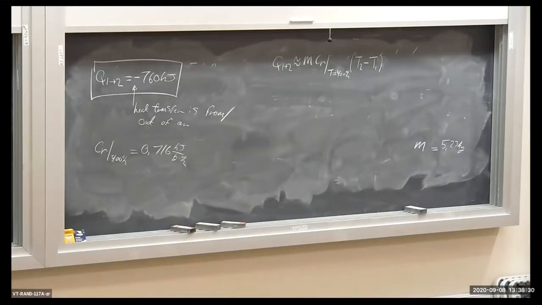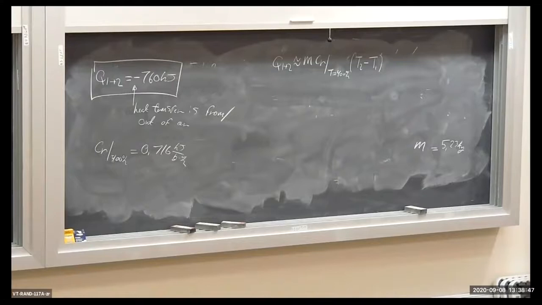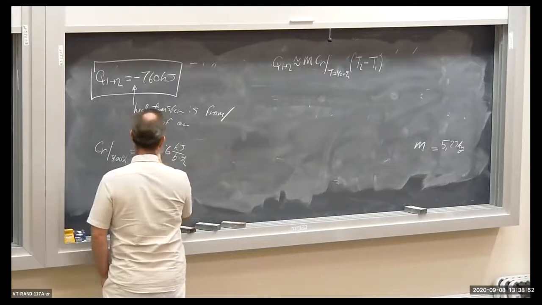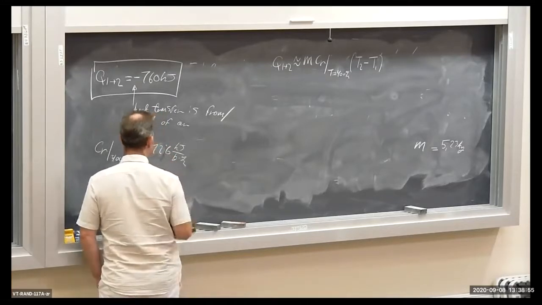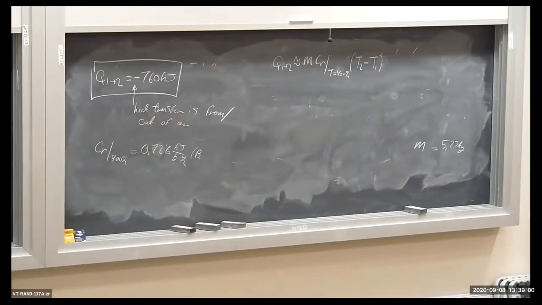Oh, I'm sorry, I got the wrong number here. So Cv for air at 400 degrees is 0.726, and that's from table B10. 0.726, sorry about that.